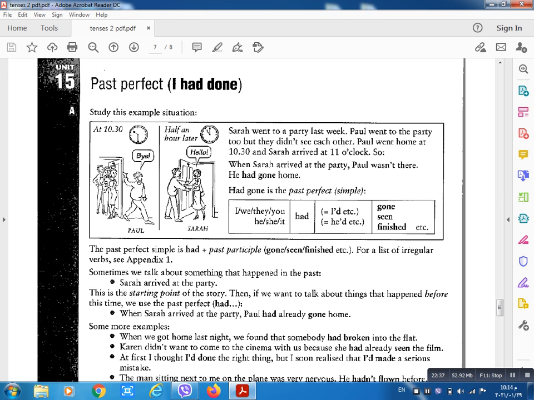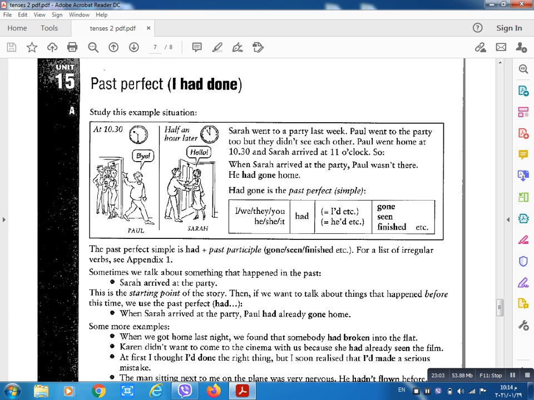What else? In that situation which happened in the past, there were two actions that happened separately. If I talk about them without referring to the connection or sequence of time between them, I'm talking about them separately. With each one, I should use the past simple.